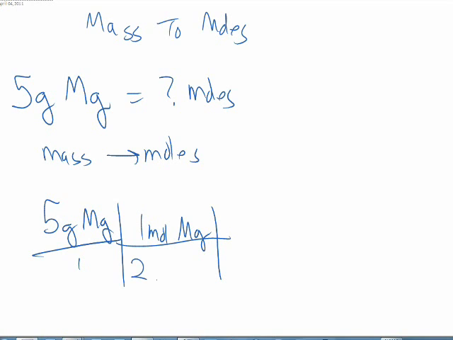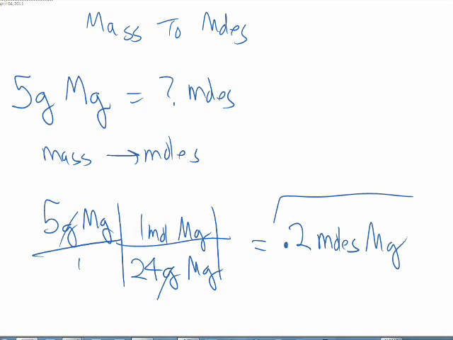So that's 24 grams of magnesium, and we will cancel that out. We plug it in the calculator. Some of you might be able to do that in your heads. So that equals 0.2 moles of magnesium. So 5 grams is about 1/5 of a mole of magnesium.